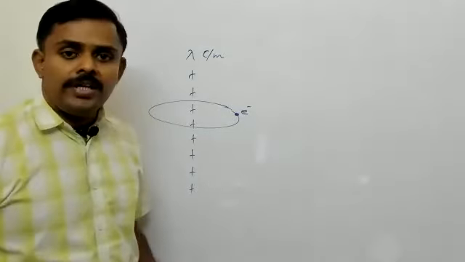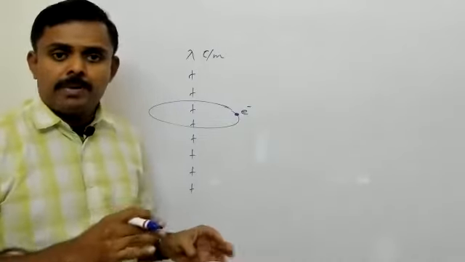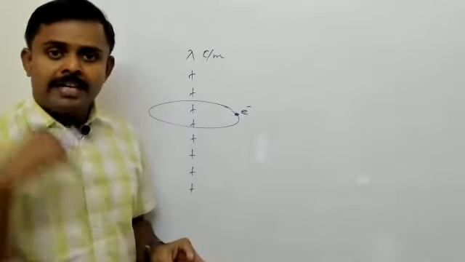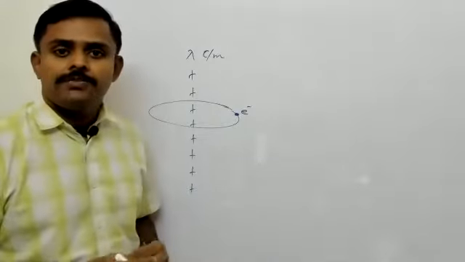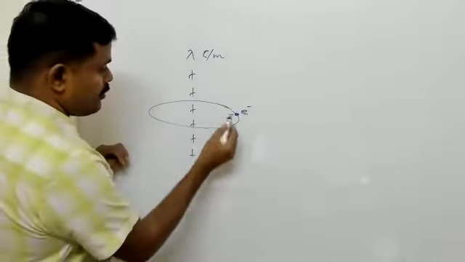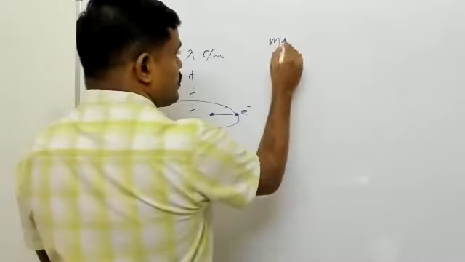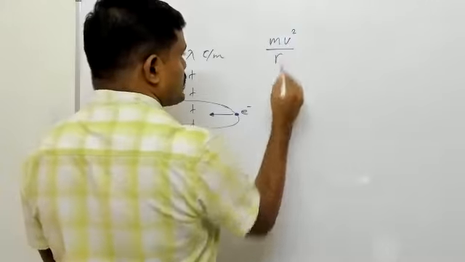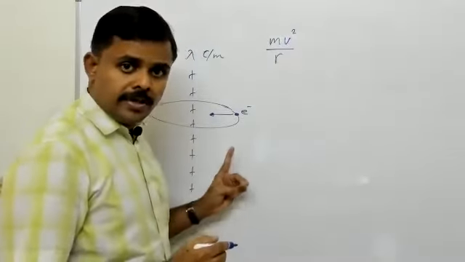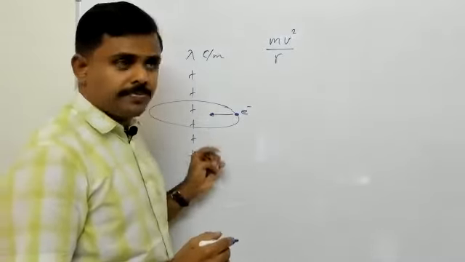Whenever you hear the term circular motion, I have told you before, even the last paper had one question on this. Whenever there is a circular motion, there is a centripetal force, directed to the center of the circle. Centripetal force is mv square by r. Who gives the centripetal force here? The electrostatic force between them.